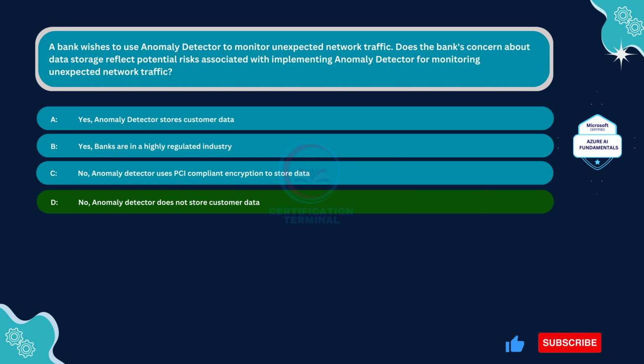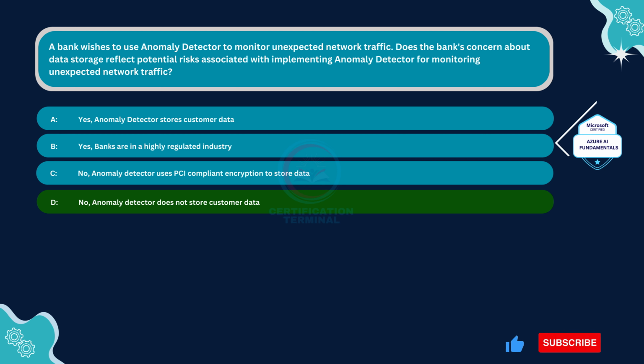An anomaly detector is a tool or system designed to identify unusual patterns or behaviors within a dataset that deviate from expected norms. These anomalies could indicate potential security threats, system failures, or other irregularities that warrant further investigation.